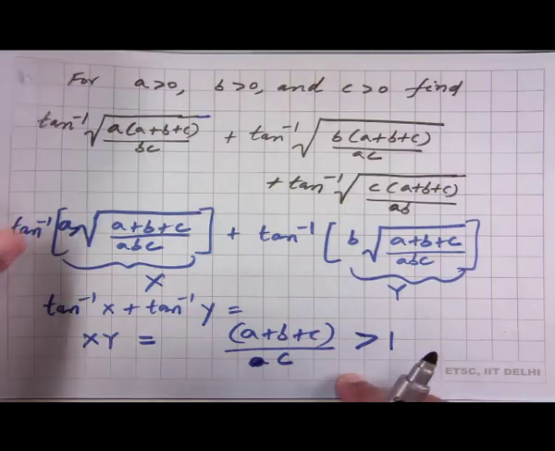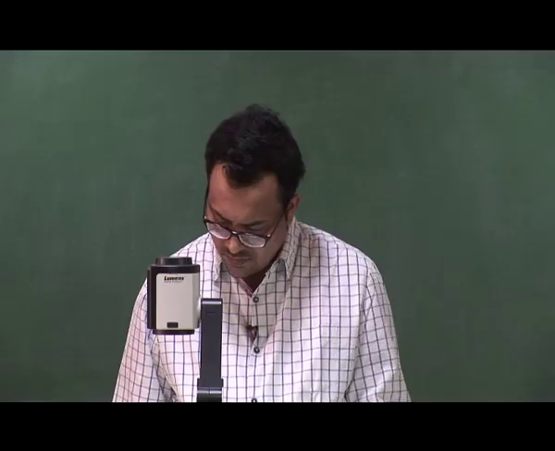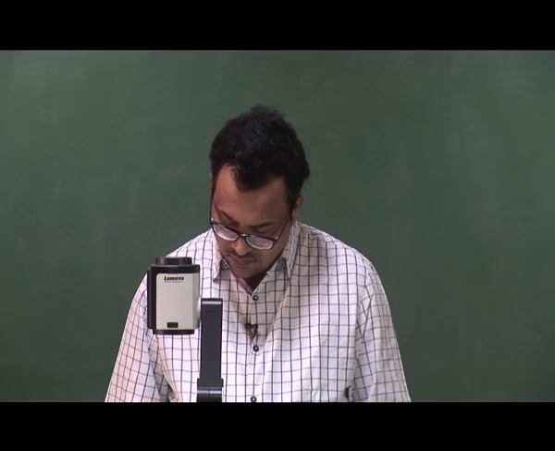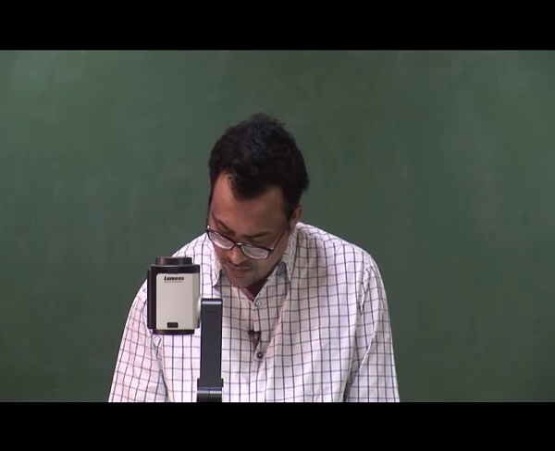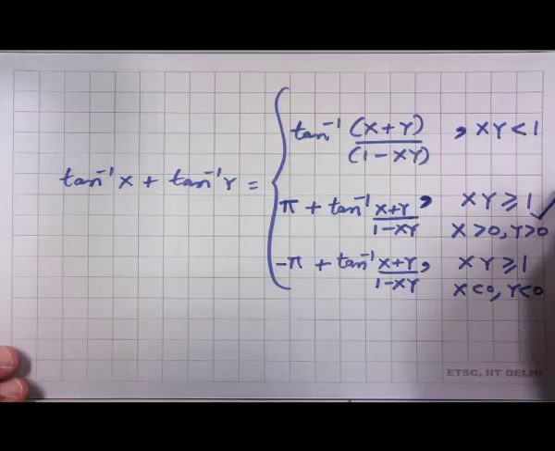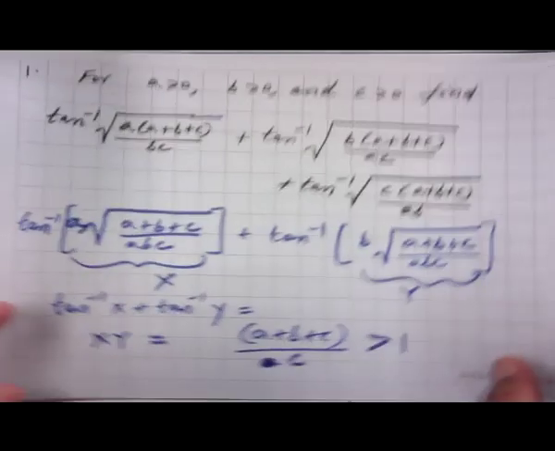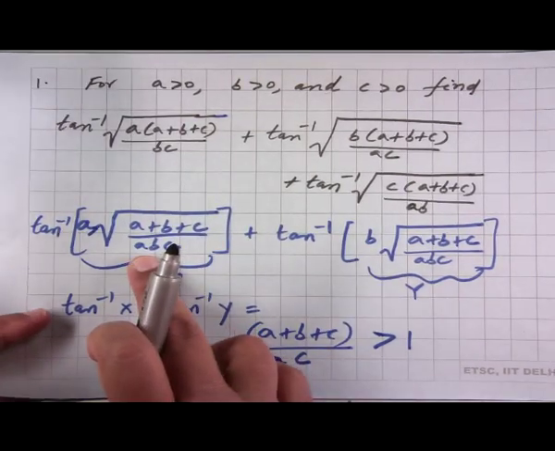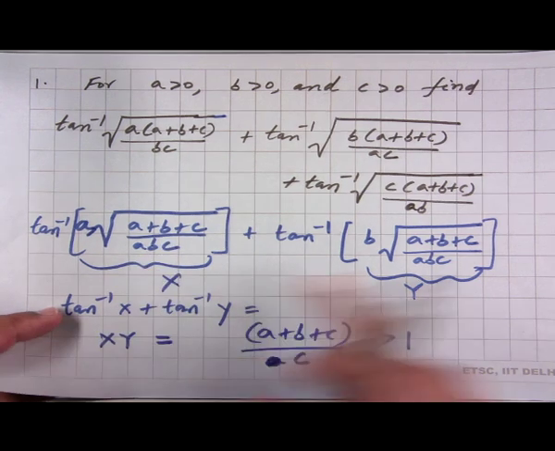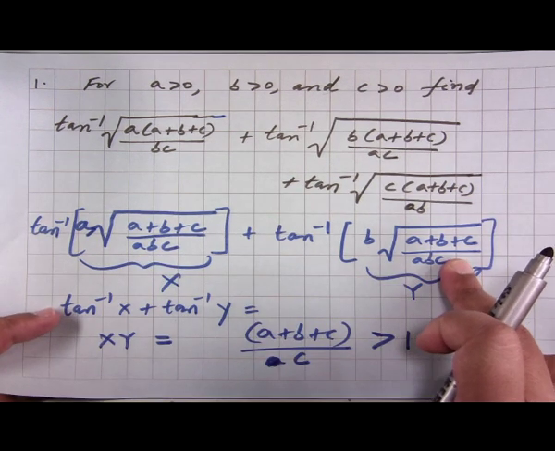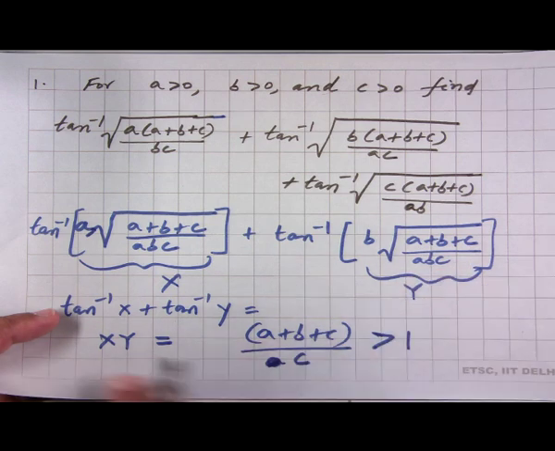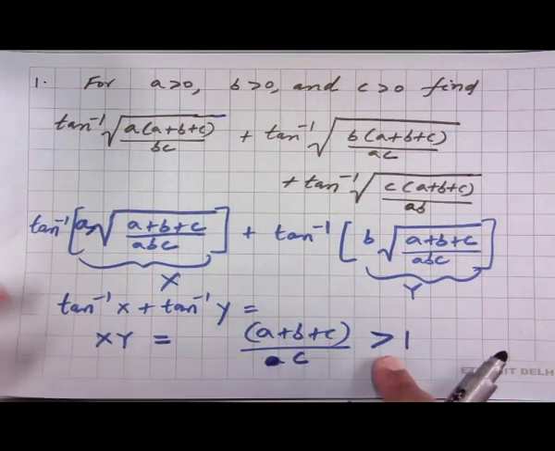Therefore this is the condition which gets satisfied for us, because this is positive since a, b and c are all positive. This is also positive because a, b and c are all positive, plus xy is strictly greater than 1.